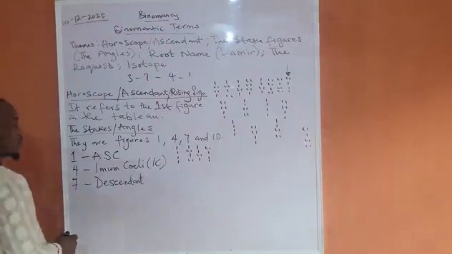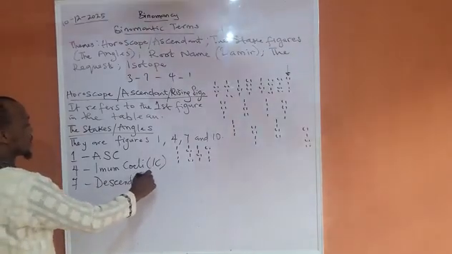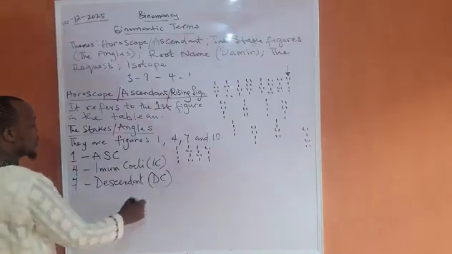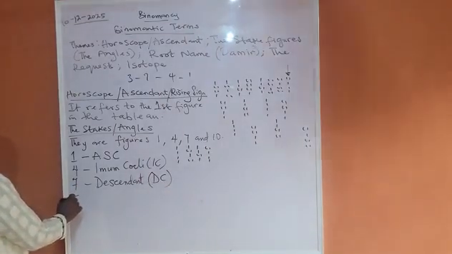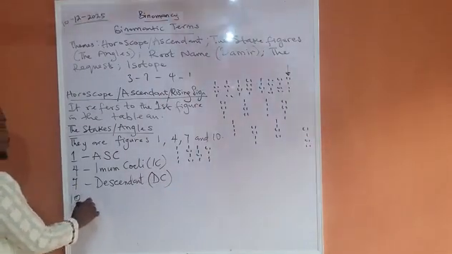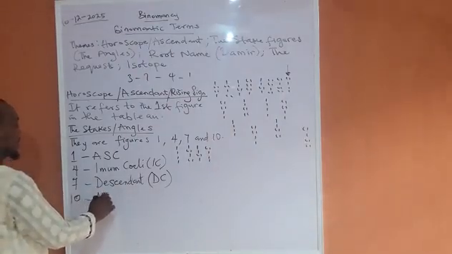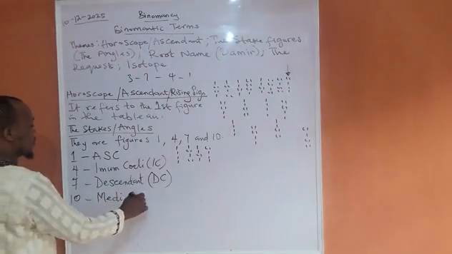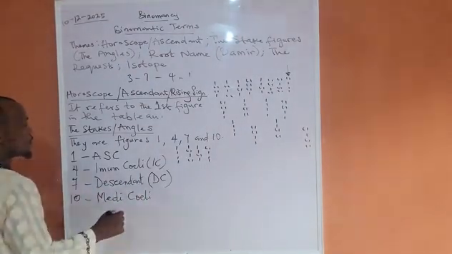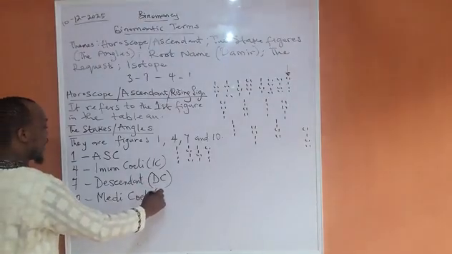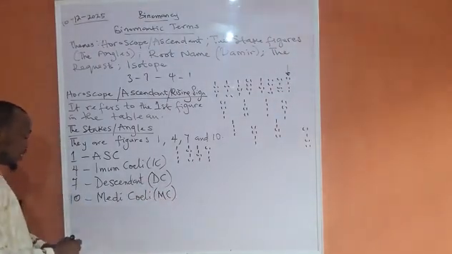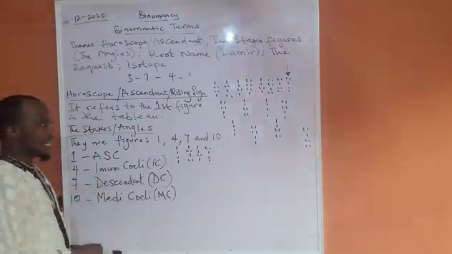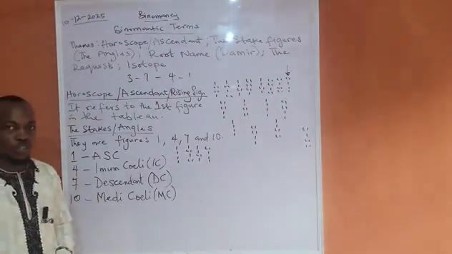Descendant. Okay? Descendants, abbreviation DC. Okay? And figure 10, which is known as Medicoli. That's another name for figure 10. Medicoli, abbreviation MC. So in a table, these 4 are the most important figures in a table.